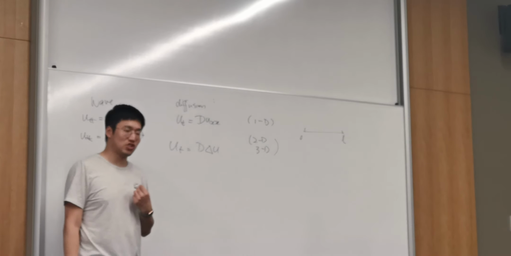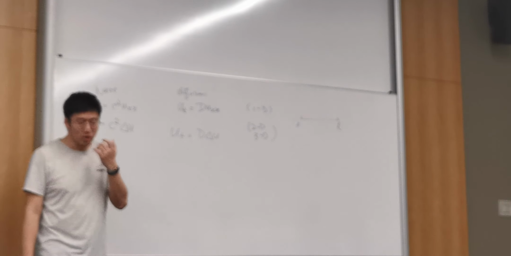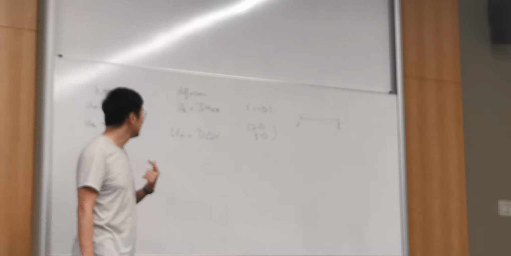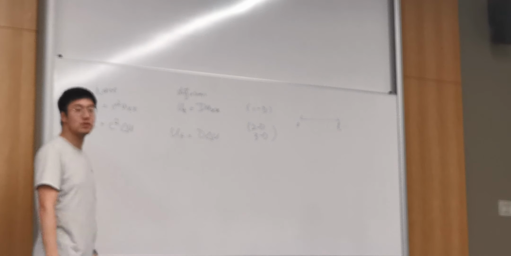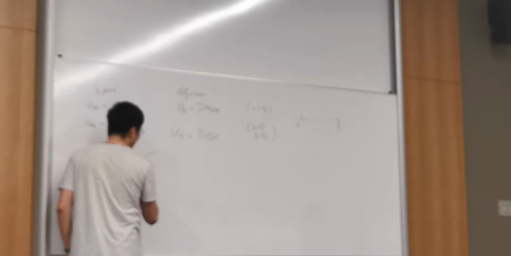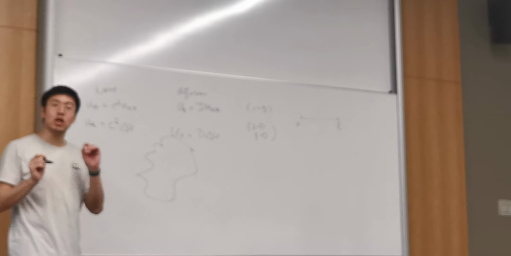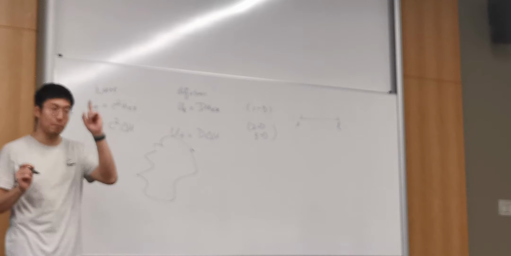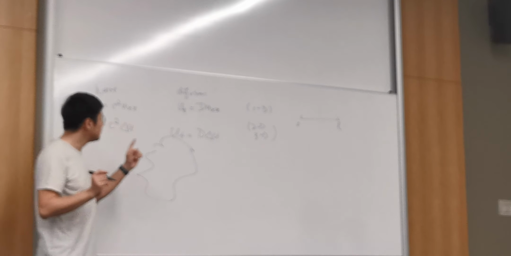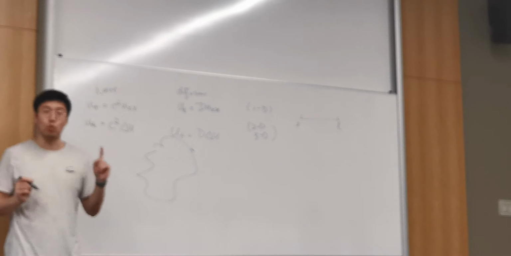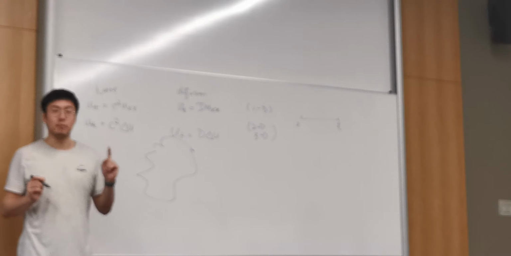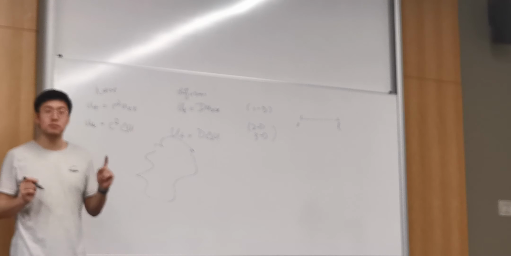But just consider a 2D space. Then the boundary can be this. Just by increasing the dimensionality of the space by 1, the boundary becomes much more complicated.